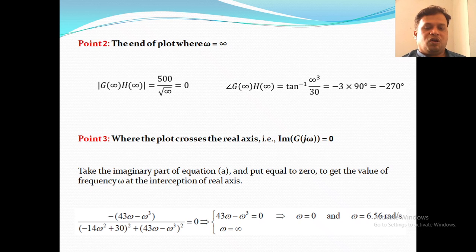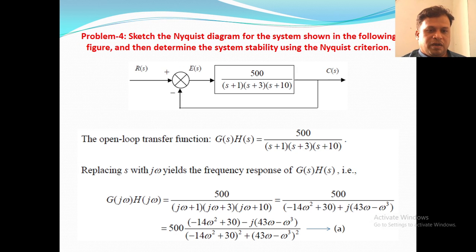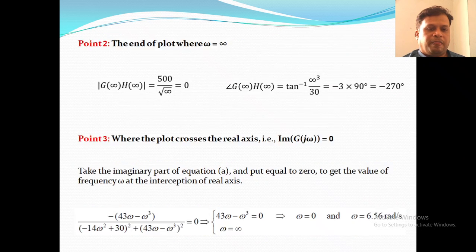Next, where the plot crosses the real axis, the imaginary part of G(j omega) is equal to 0.